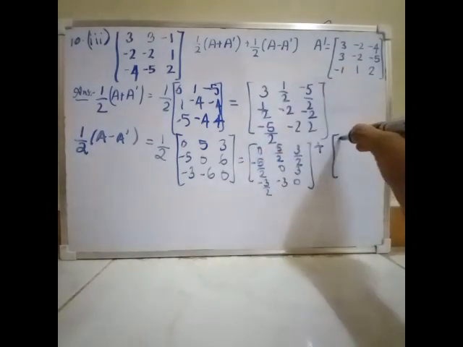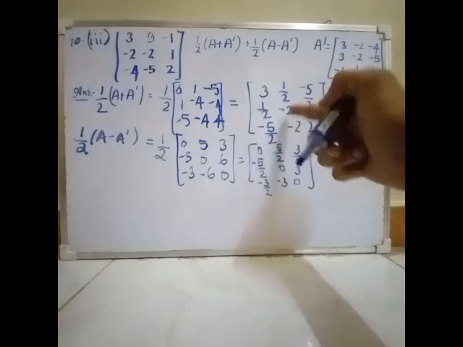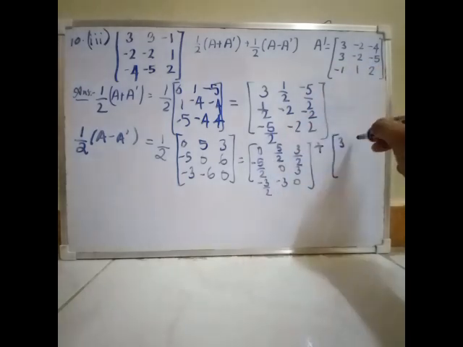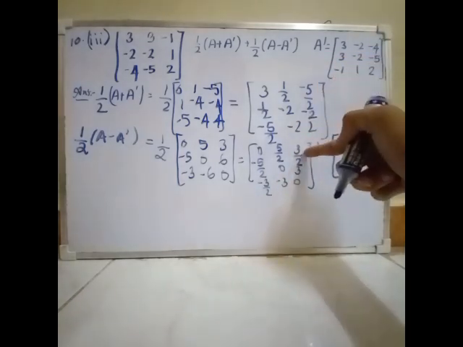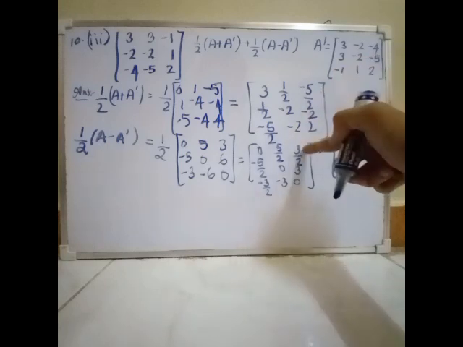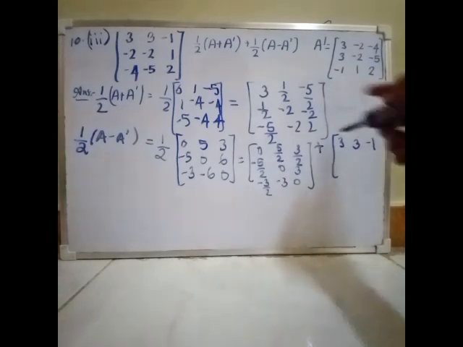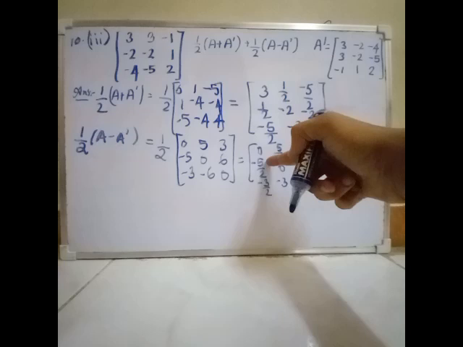3 plus 0 would be 3. Half plus 5 by 2, it would be 6 by 2. 1 plus 5 would be 6, right? So 6 by 2, so it is actually 3 itself. Minus 5 by 2 plus 3 by 2, that is minus 5 plus 3 would be minus 2. Minus 2 by 2 would be minus 1. 1 by 2 minus 5 by 2. 1 minus 5, minus 4.